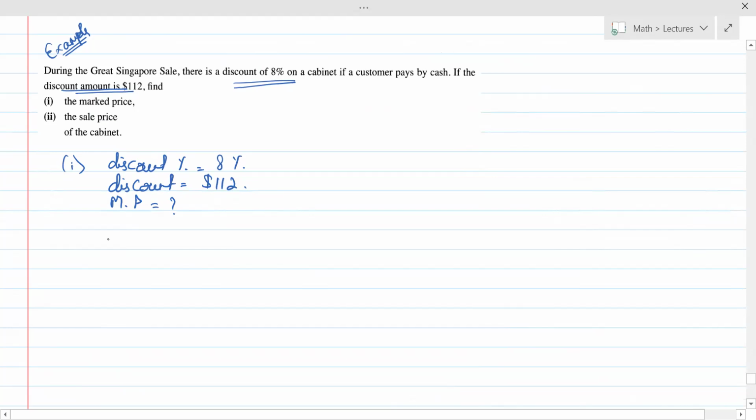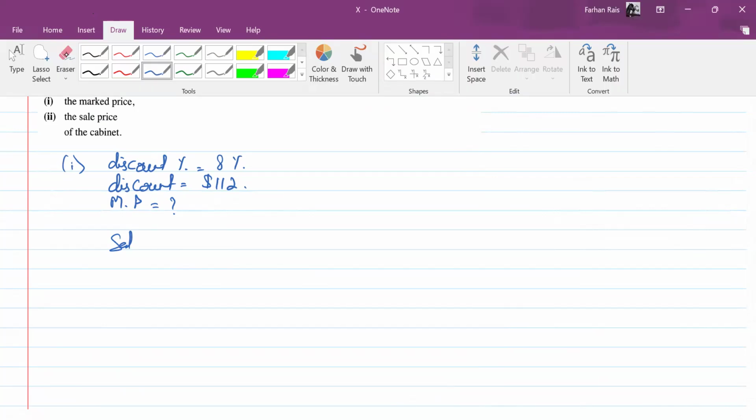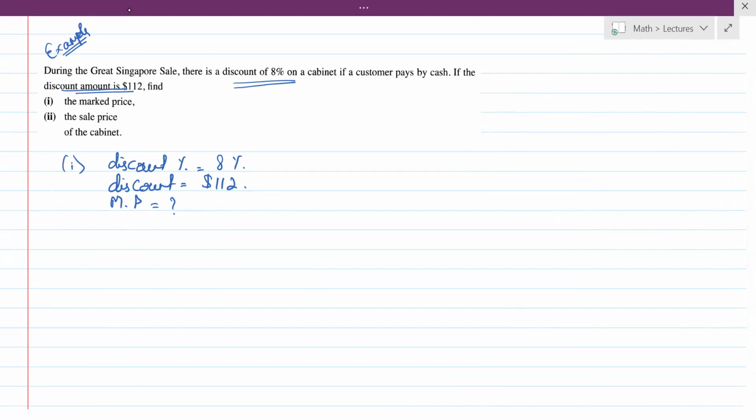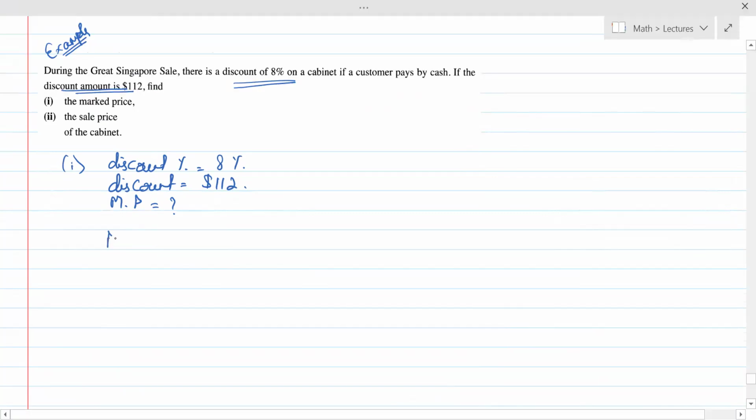So using the ratio method, we have the price against the percentage.